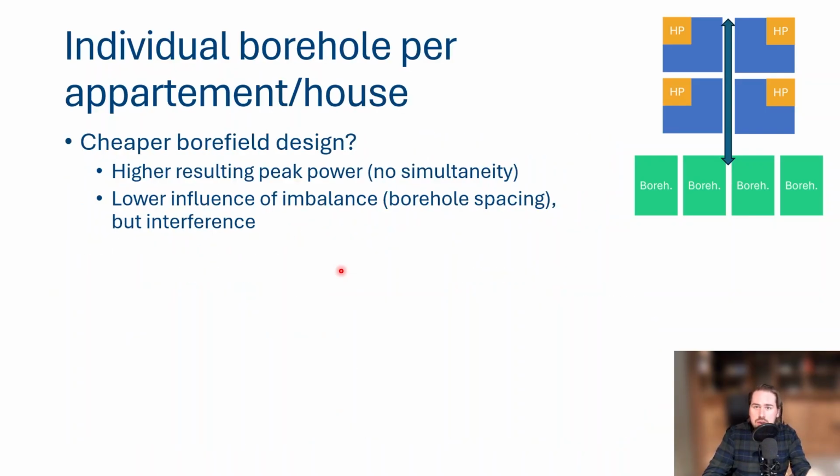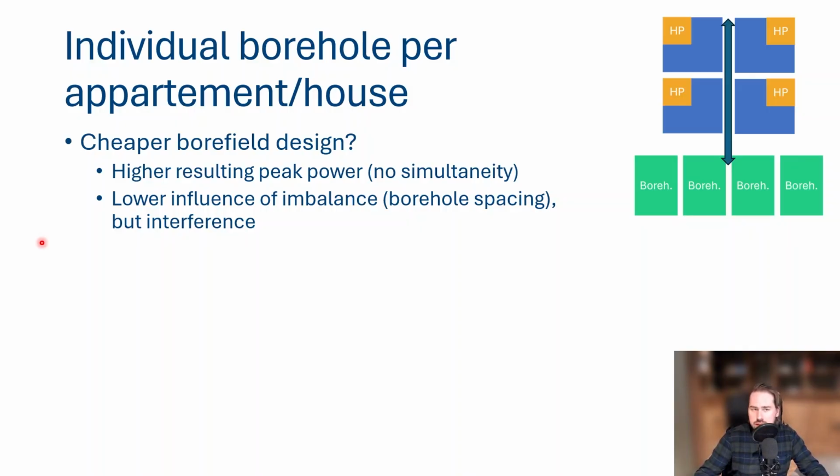So what can we say about individual boreholes per apartment or house? Is it cheaper? Well, it depends. On the one hand, we have a high resulting peak power, because each geothermal system should be able to cover 100% of the peak load, and there is no simultaneity. Each system has its own user.